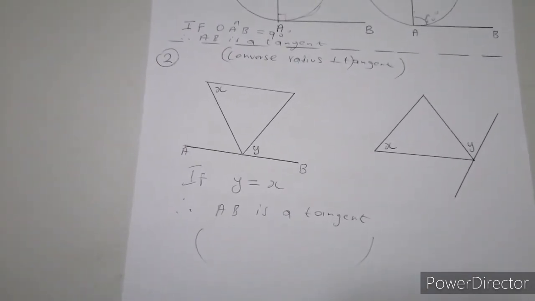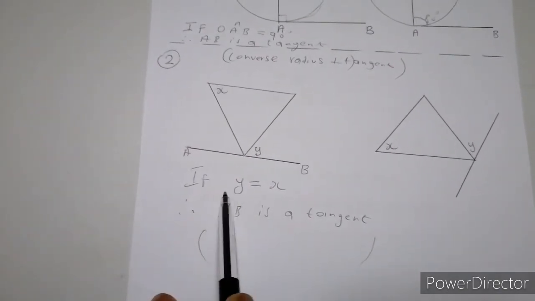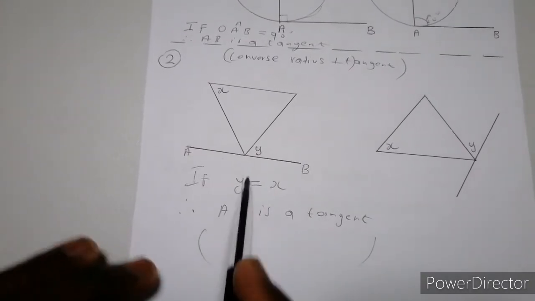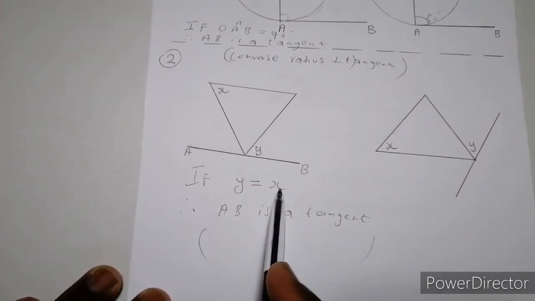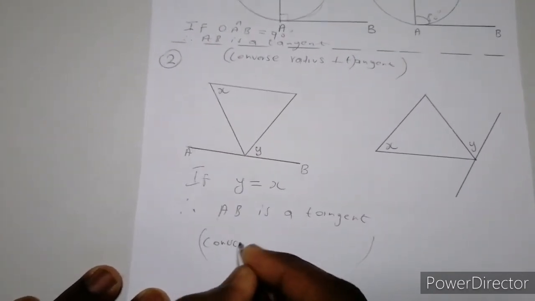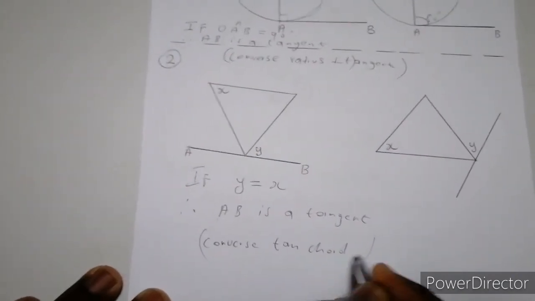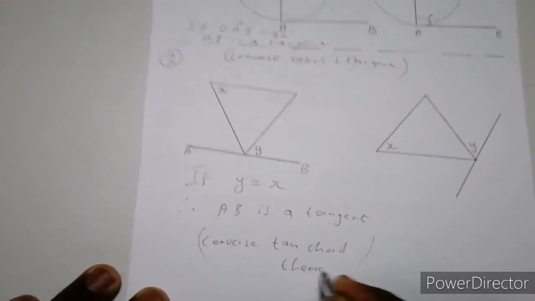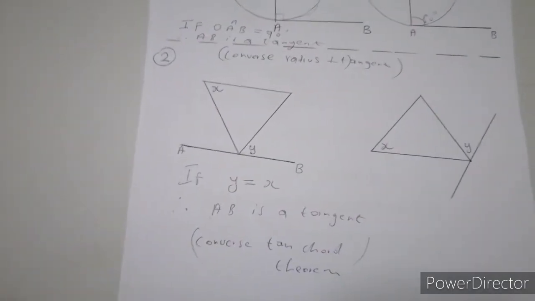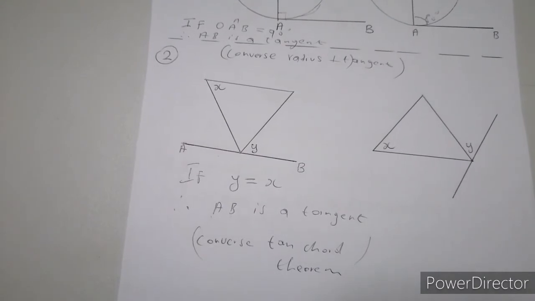Remember, the primary goal is to prove that AB is a tangent. Now, the secondary goal is this, that we use to conclude that a line is a tangent. If y is equal to x, therefore AB is a tangent. What is the reason? Converse Tarncourt theorem. That's what is only needed to prove that a line is a tangent.